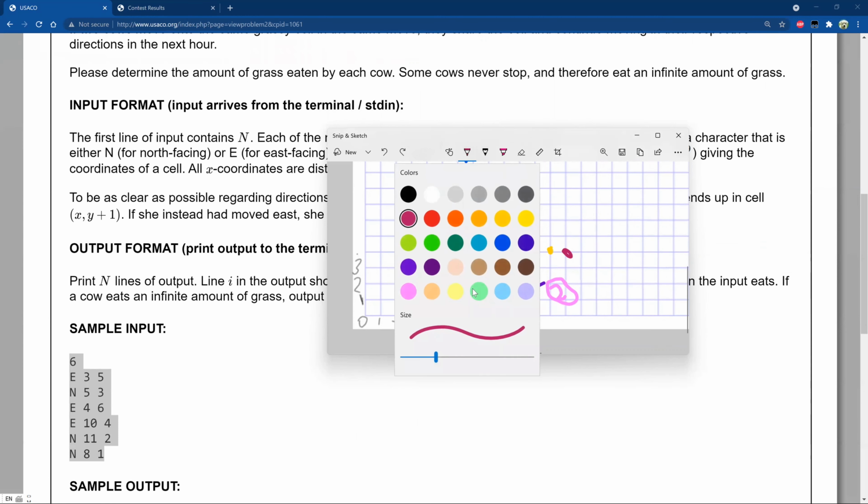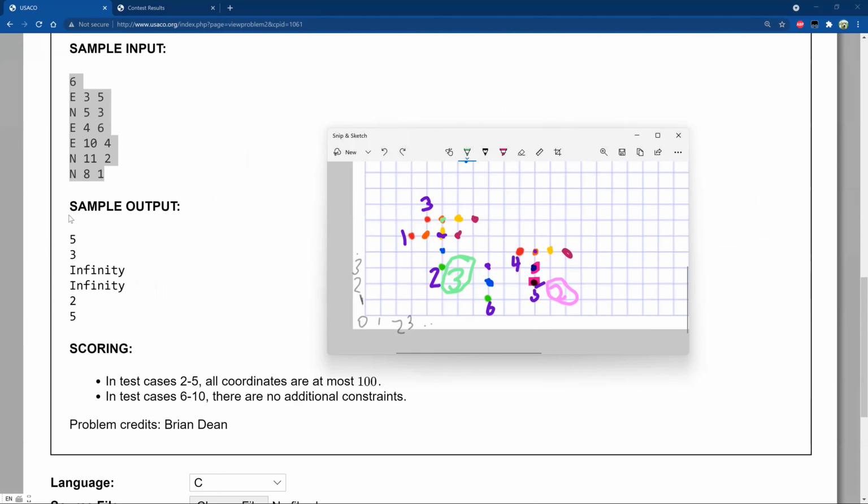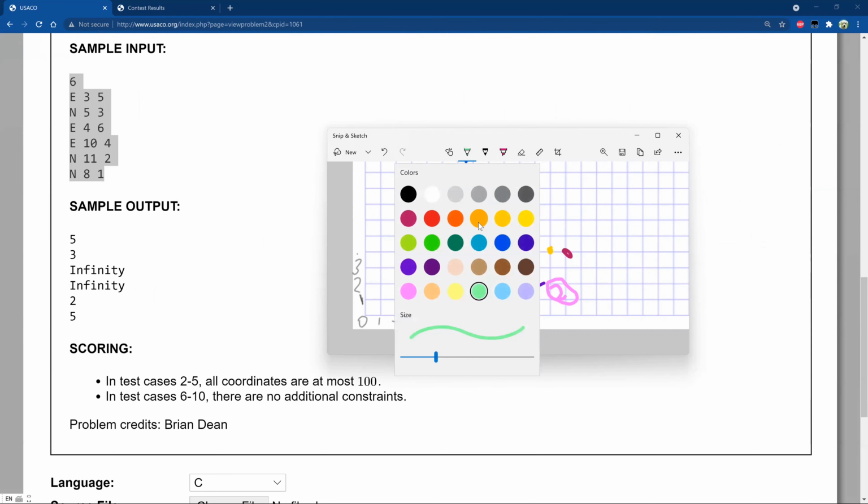Not too important, but cow 2 will be over here, but blocked, right? And so cow 2 will have eaten a total of 3 cells, 1, 2, 3. And so it should be 3 over here. Yep. Okay. Cow 6 will be moving over here. And cow 5 was blocked, so we don't worry about that.